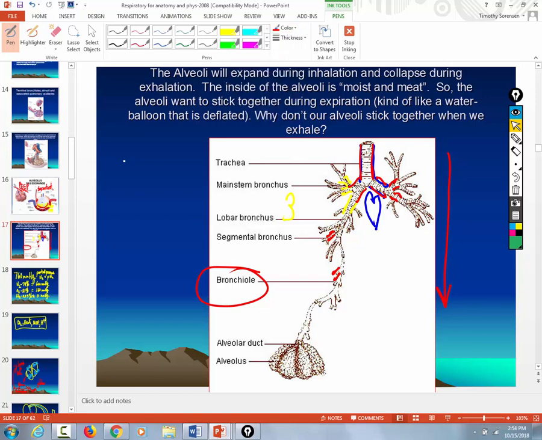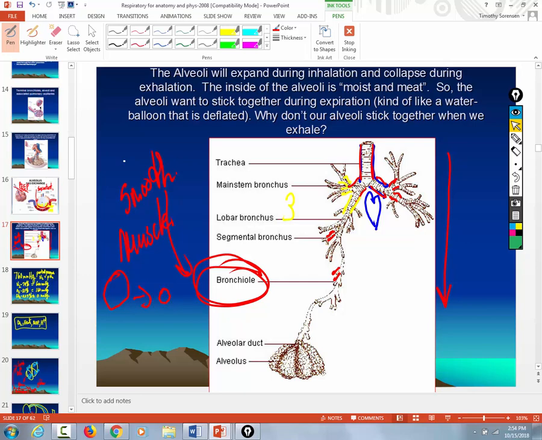Now, the bronchioles are made of smooth muscle. And the bronchioles can contract and relax.